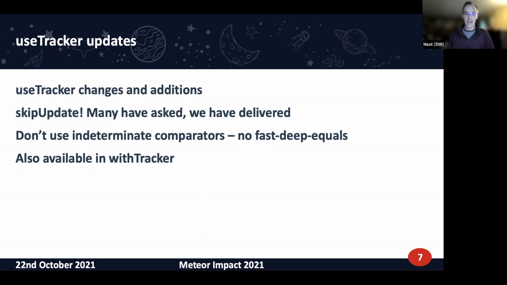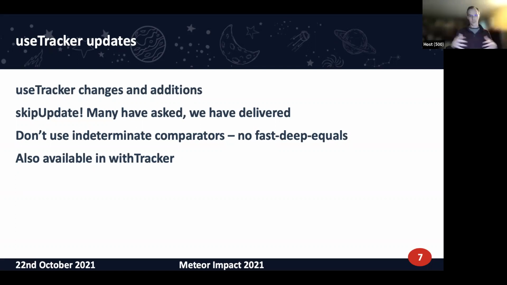So you can actually check and make sure that you really do need to cause React to do its reconciliation and full render pass. I just want to caution, there may be some impulse to try to throw things like fast deep equals at it, even though it is very fast. It's not recommended because you can't determine ahead of time how long that's going to take. So for example, if you did that on a list of 100 documents, it's almost certainly going to be slower than just letting React do its reconciliation pass.